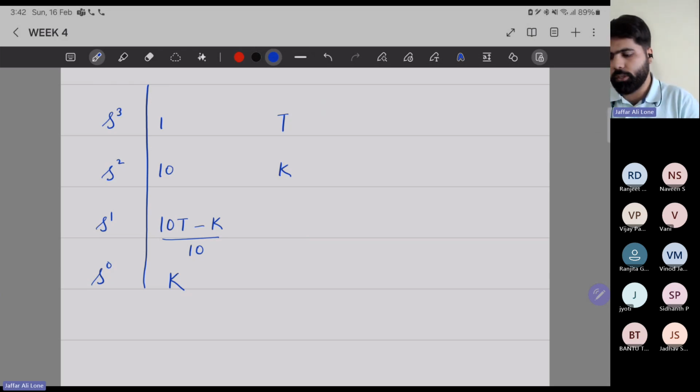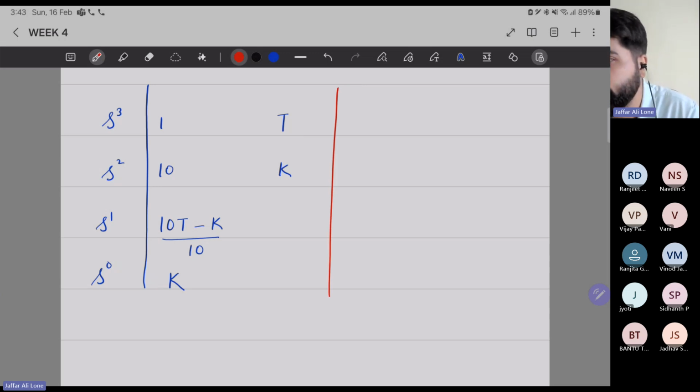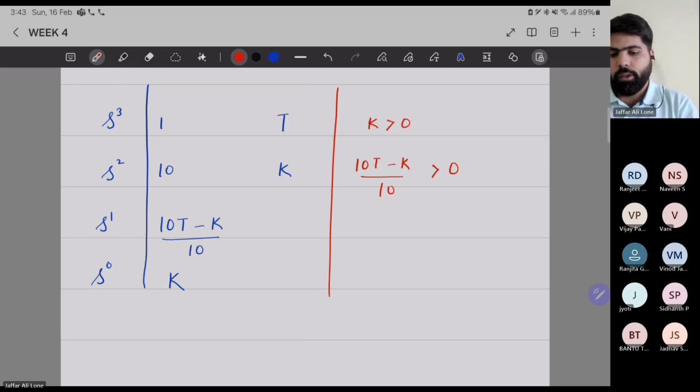Now we are given in the question that this system is stable. So we have to find the relationship between k and t such that this system is stable. What does it mean? It means there should be no sign change. It means all the terms should be positive. So k has to be greater than 0, first of all. And my second term, 10t minus k over 10, also has to be greater than 0.